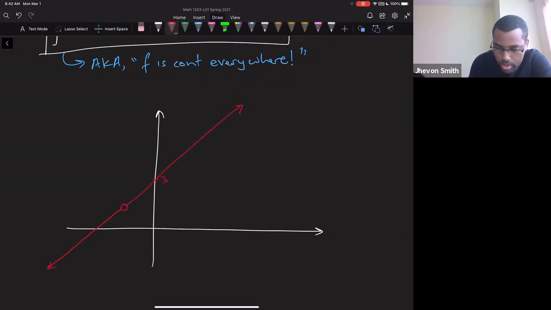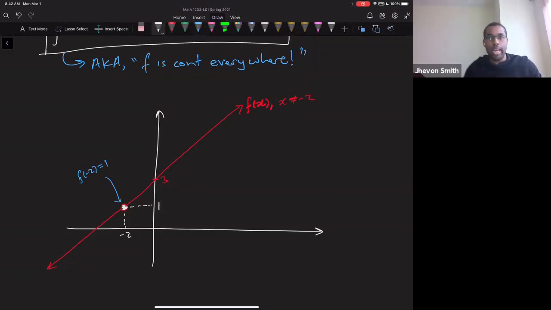This passed through 3. So this was your f of x for x not equal to -2. Then at -2, your function definition filled in the value. And it filled that in at a level of 1. And so now there was a hole, but we actually filled it in the right spot.